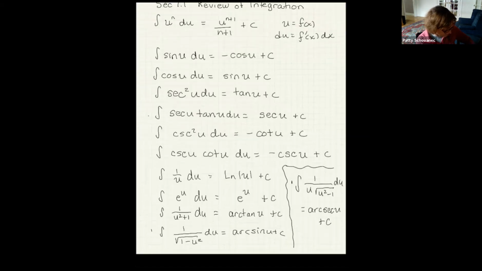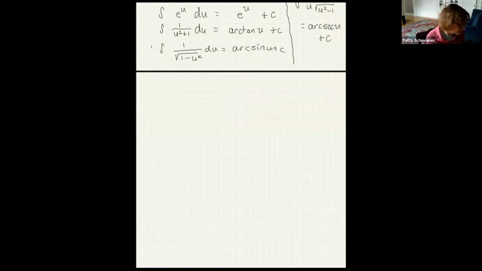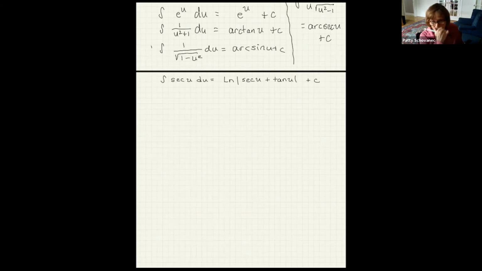I'm going to add the one that I just did, that the integral of the secant of u du is the natural log of the secant of u plus the tangent of u plus c. And now I'm going to do the same trick to get you a formula for the integral of the cosecant of u.